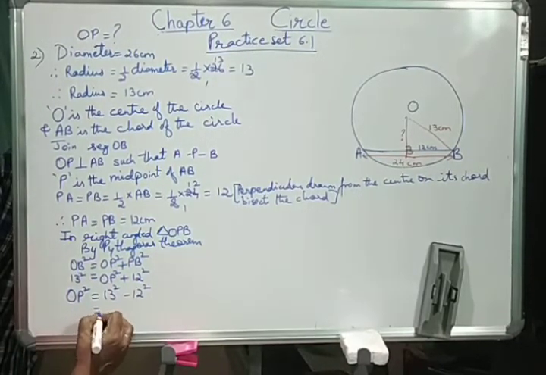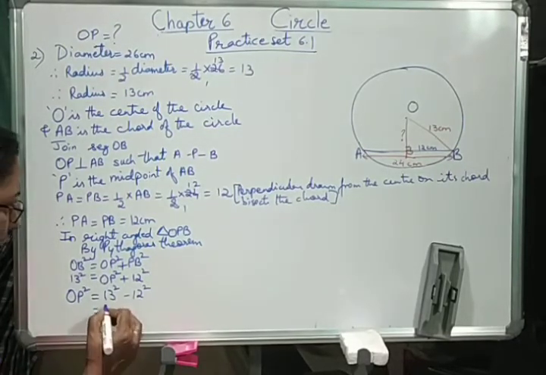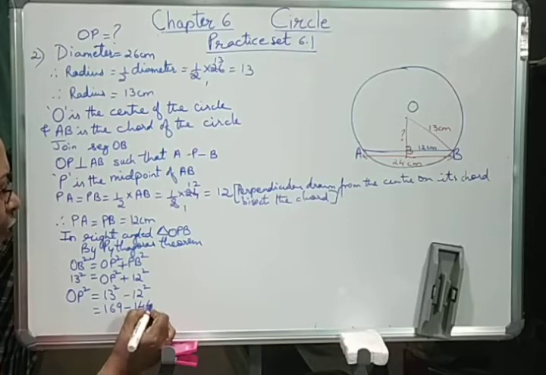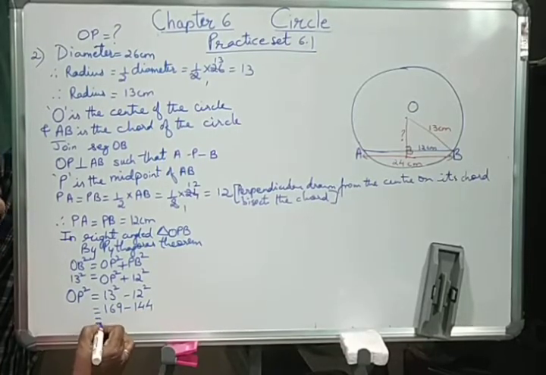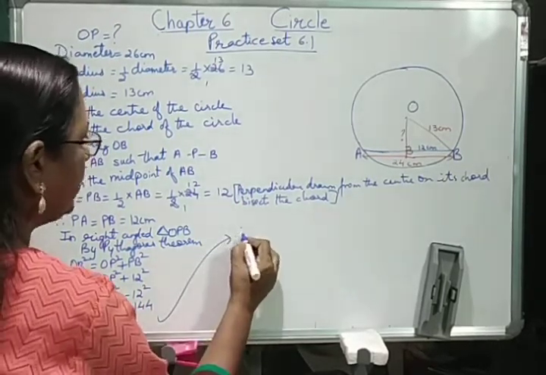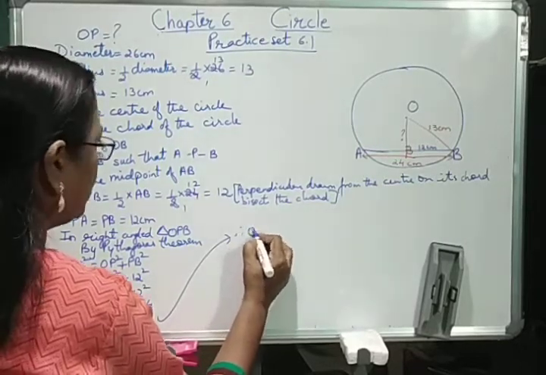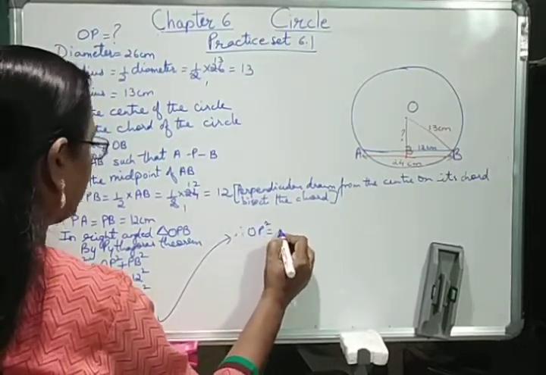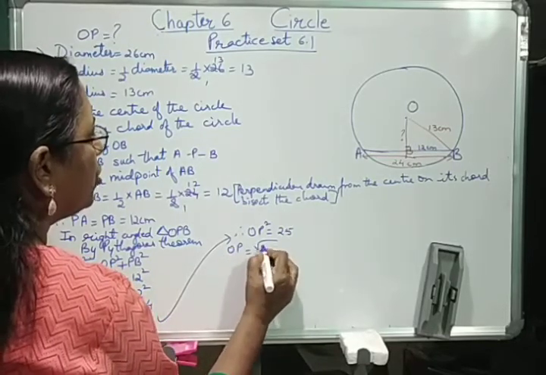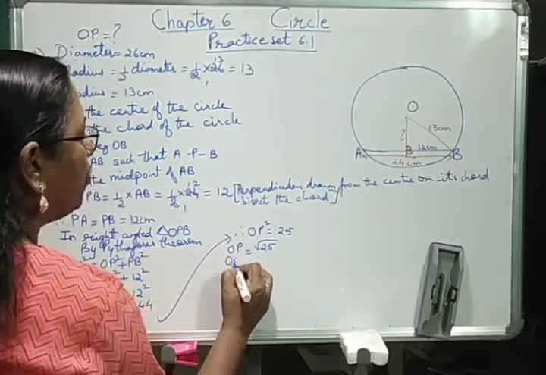Now 13 square is 169 and 12 square is 144. So you get how much? 9 minus 4 is 5 and 6 minus 4 is 2. Therefore, OP square is equal to 25. So OP is square root of 25, which gives you 5.